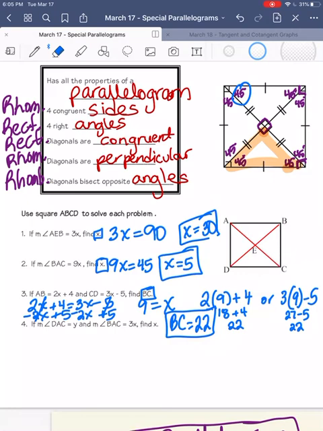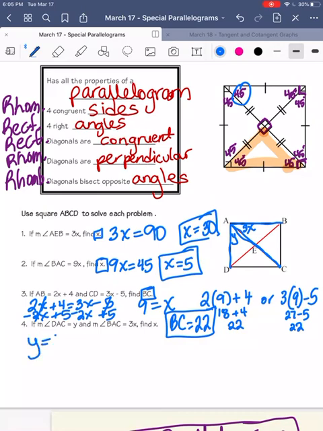All right, and now let's look at the last one. D to A to C is y, and B to A to C is 3x. Find x. I really think that should be find x and y, but we'll do both.